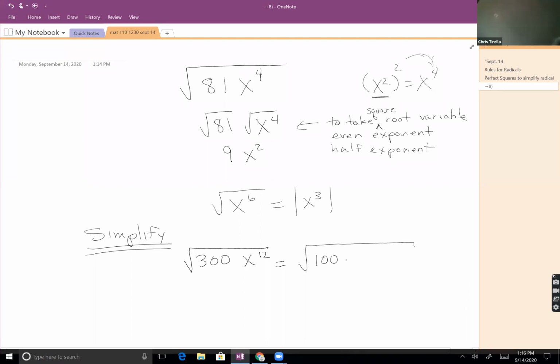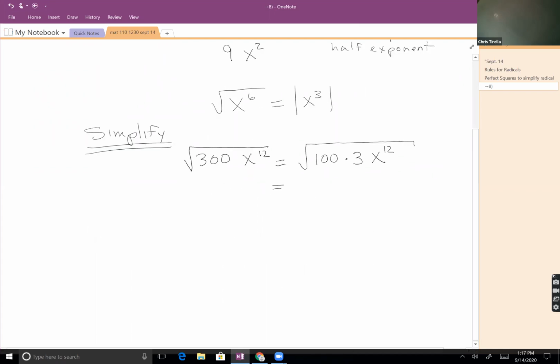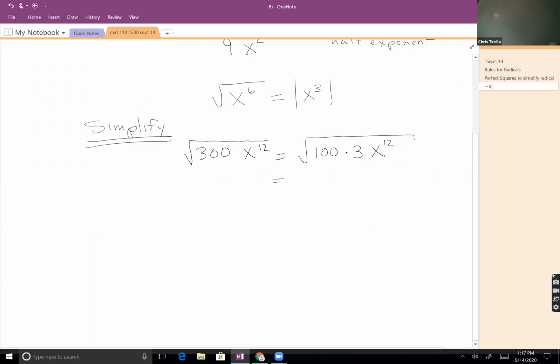That's 100 times 3, and that x to the 12th has an even exponent, so I can take its root. Now, not everybody likes to do it, but I think it avoids careless mistakes if we take the time to rewrite that, giving each factor its own radical.